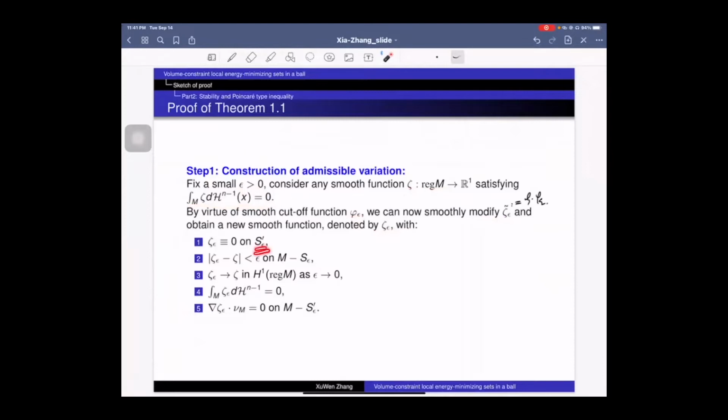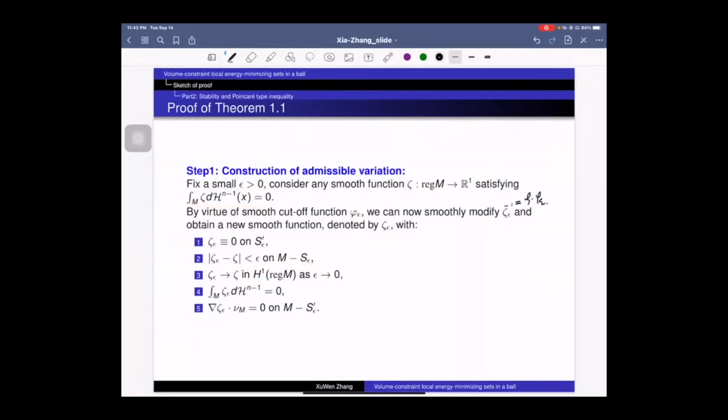It is identically zero in the smaller region, and outside the bigger region, the new smooth function theta epsilon is not far from the original choice theta, and theta epsilon converges to theta in the H1 sense as epsilon goes to 0.